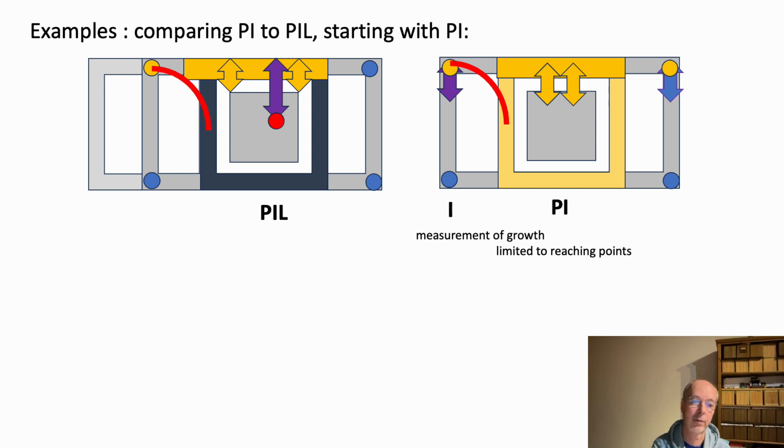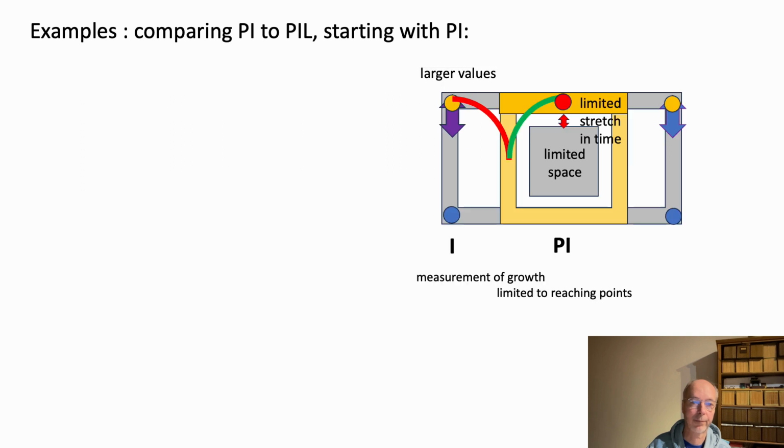We try to reach our limits, and it's all about that, different than PIL. In PIL, these limits are our main focus, so in time and space we will try to limit all the process in time to the space that we can reach in the end. That is more or less what is expressed in there.